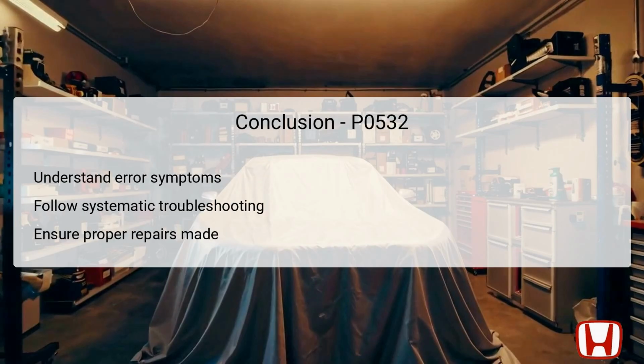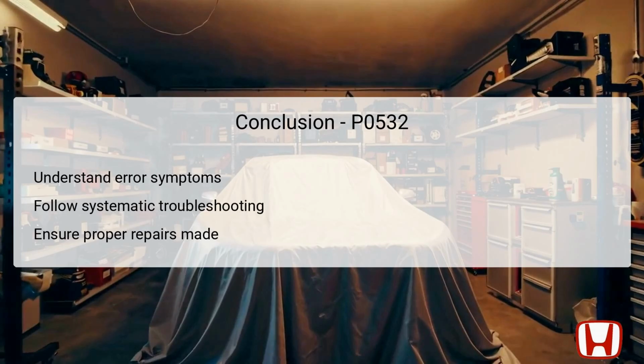In conclusion, understanding DTC P0532 and its implications is crucial for effective vehicle maintenance, particularly for Honda CRV models from 2017 to 2022. Recognizing the symptoms early can lead to timely troubleshooting and repairs. By systematically following the outlined troubleshooting steps, technicians can efficiently diagnose and resolve issues within the AC pressure sensor circuit.